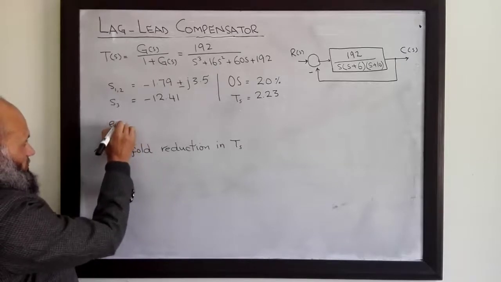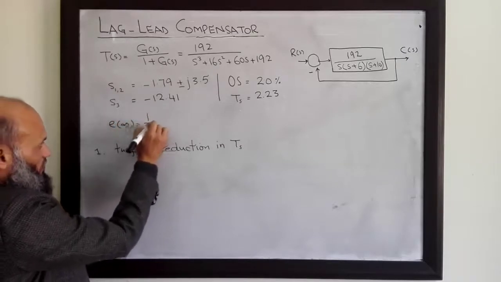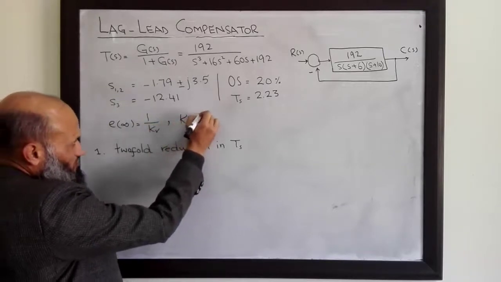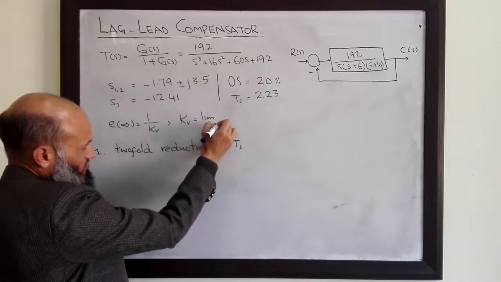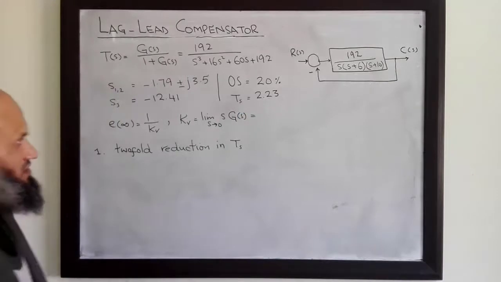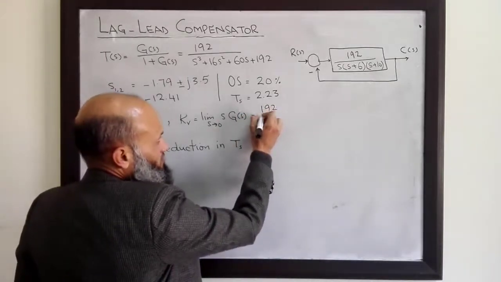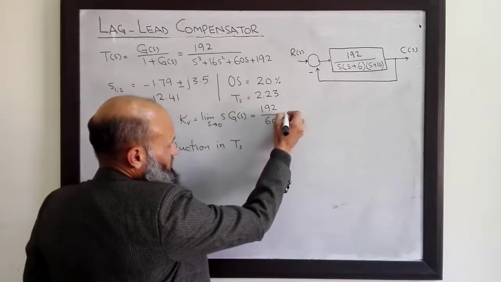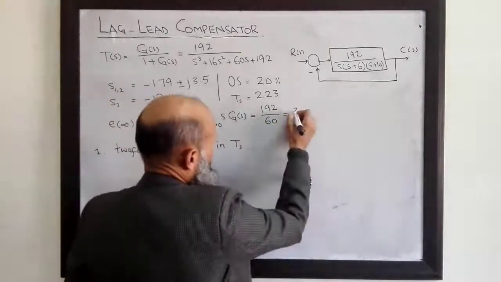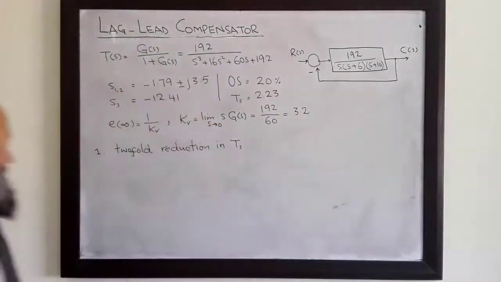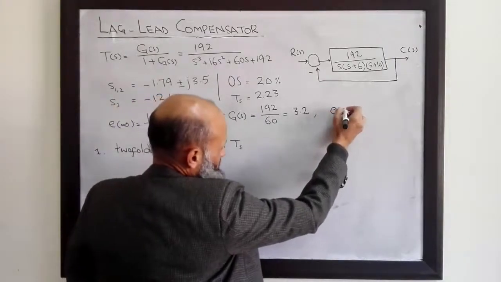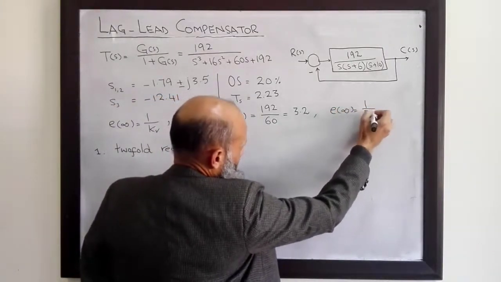It is given by 1 over Kv, where Kv is equal to limit s tends to 0, s into G(s), which in this particular case comes out to be 192 divided by 60, which is equal to 3.2. And the corresponding steady state error comes out to be 1 over 3.2.